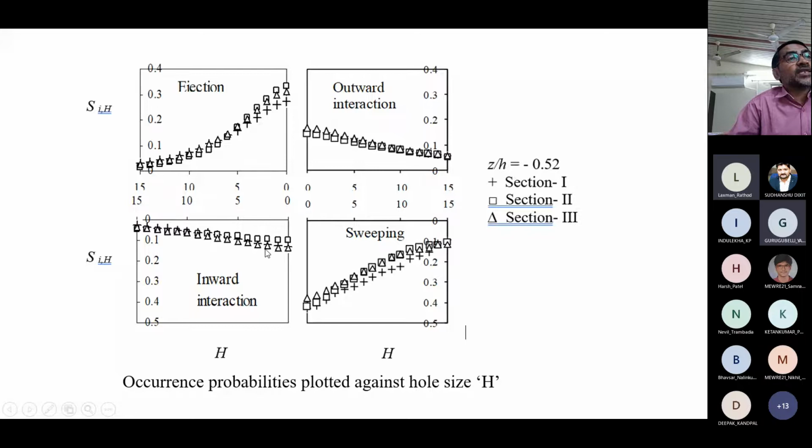Similarly for inward interaction, it is decreasing from 0 to 15. At 0 it has a maximum value around 10% or something, maybe 15%. And this is for all three sections together. The notations for section 1, section 2, and section 3, I have not given. So this plus, triangle, as well as this square.